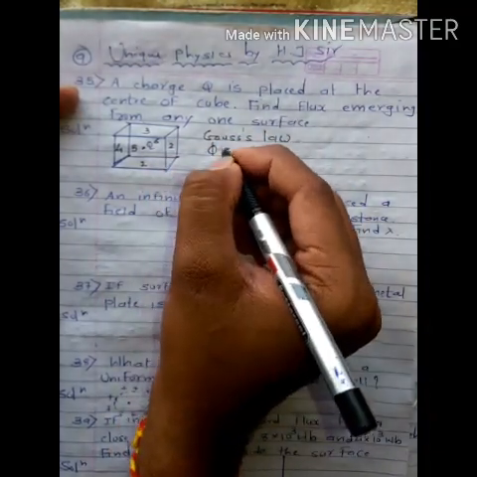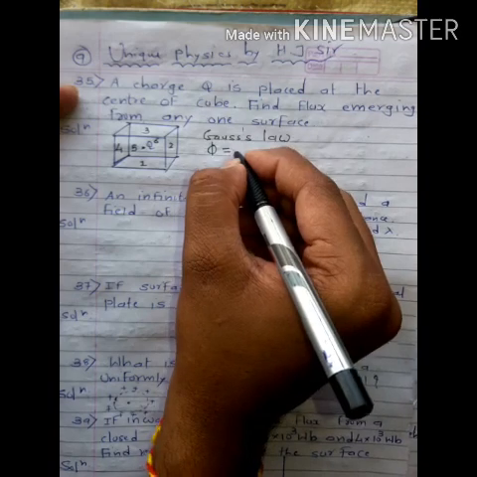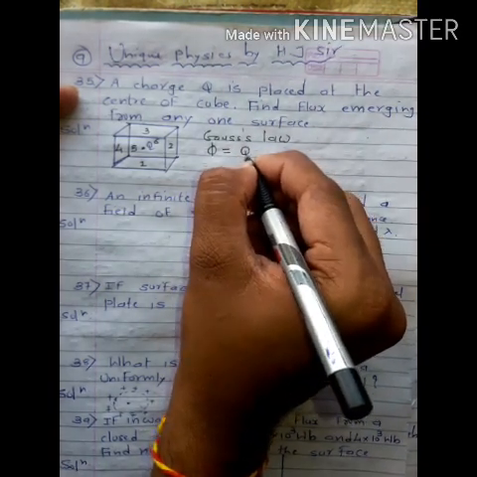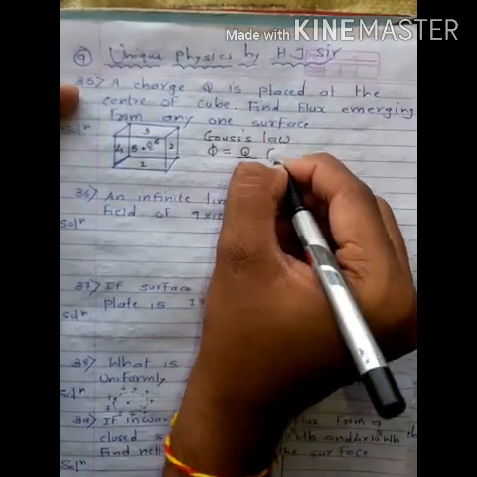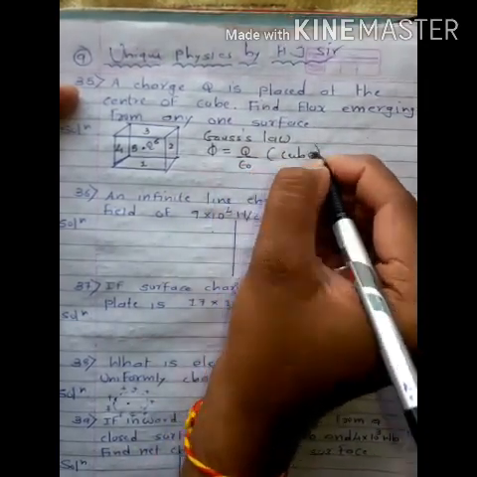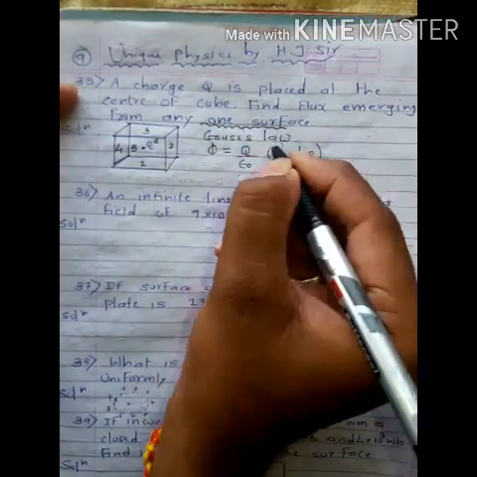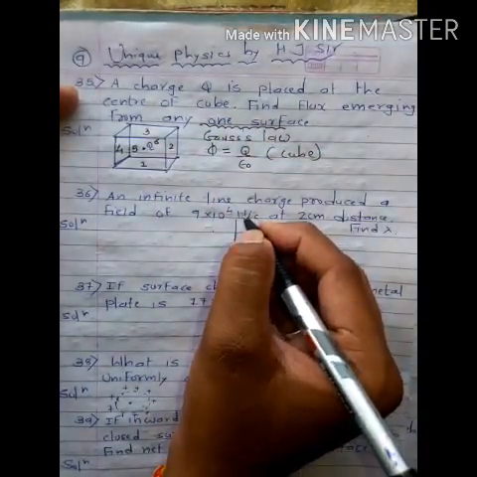electric flux linked with the whole cube phi is given by q upon epsilon 0. This is possible for whole cube, but here we want electric flux emerging from any one surface.